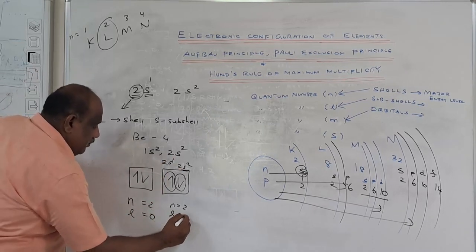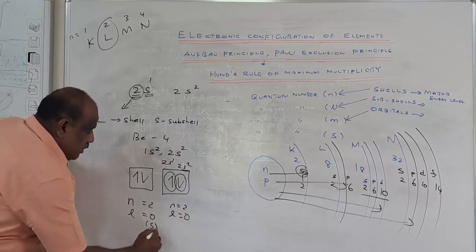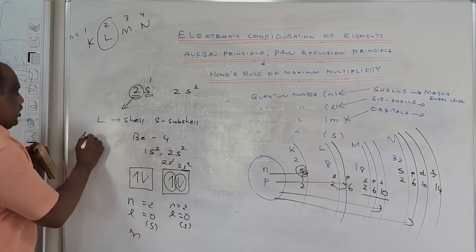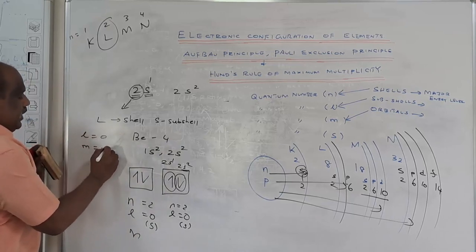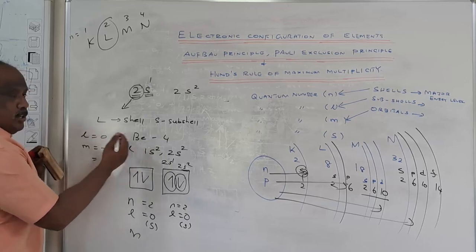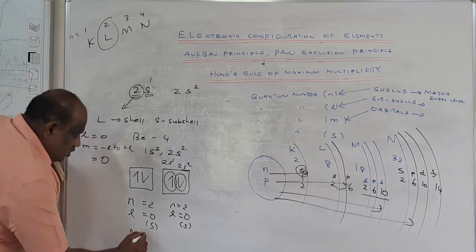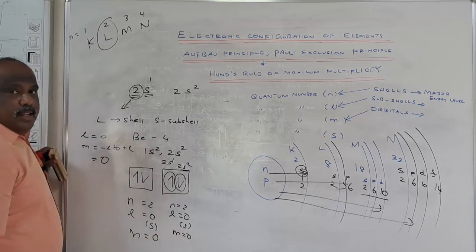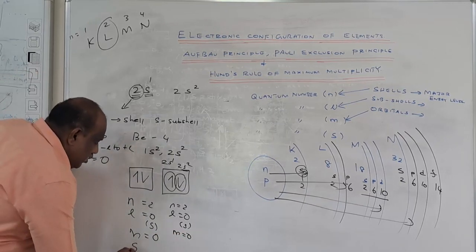So here also l equals 0. 0 means s subshell. What is the magnetic quantum number? When l equals 0, what about m? m is minus l to plus l, including 0. But here it is already 0, so minus 0 to plus 0, so 0 only. Here also the magnetic quantum number is 0, and here also it is 0. But let us come to the spin quantum number.